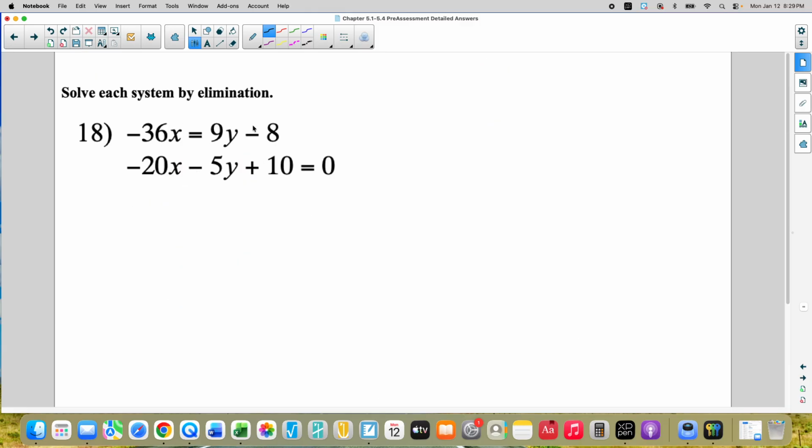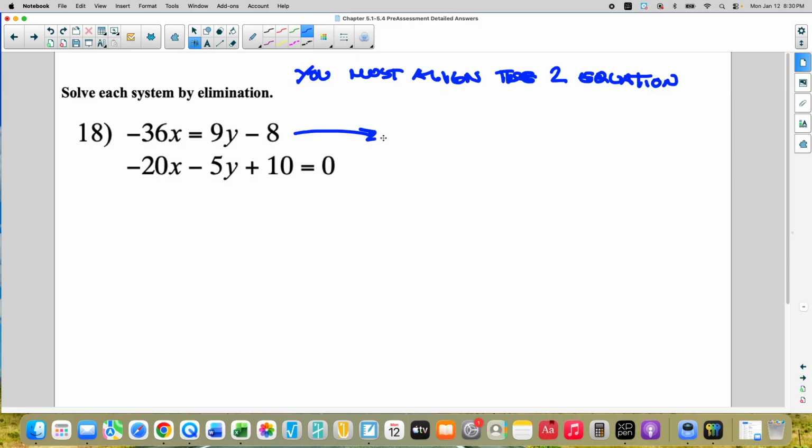Now, notice it is not aligned. You must align the equations. Two equations. So what do I want that format to be? Well, I've got x here, y, and my constant, so I'll keep that. There's nothing wrong with that. Negative 36x equals 9y minus 8. Now I do have to move this, so I've got to move the y over.